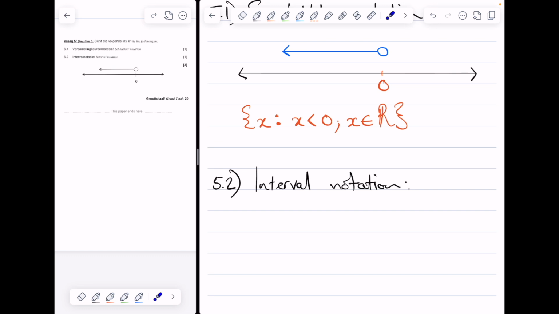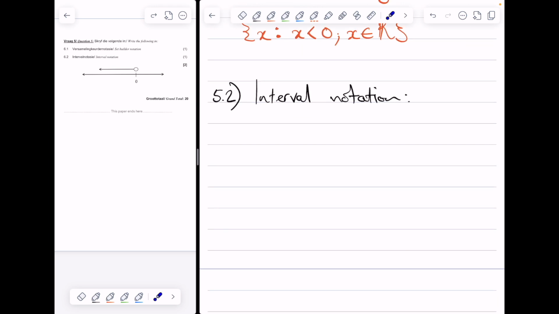If you include infinity, you are implying that you can somehow define it, or see it, or put your finger on it, and you cannot. So infinity would not be included, so that would be a round bracket. And because our interval is read from left to right, you would start off with negative infinity, coming all the way to 0.